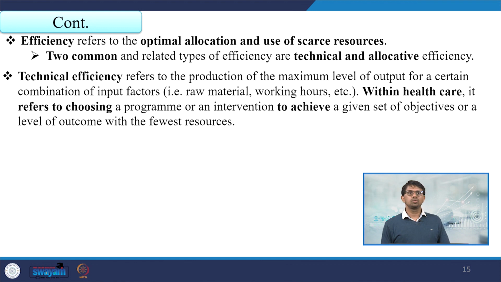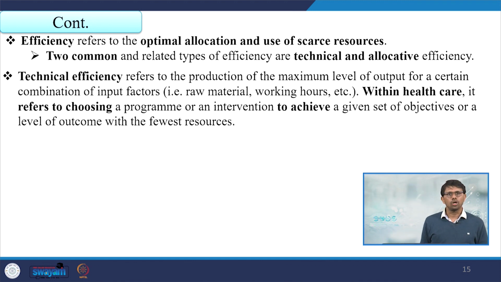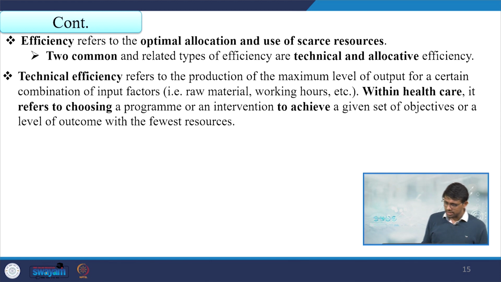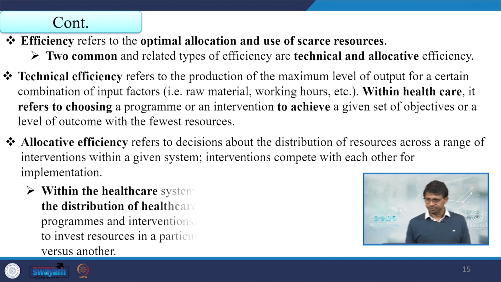Technical efficiency refers to the production of the maximum level of output for a certain combination of input factors such as raw materials, working hours, etc. Within healthcare, technical efficiency refers to choosing a program or an intervention to achieve a given set of objectives or a level of outcome with the fewest resources.